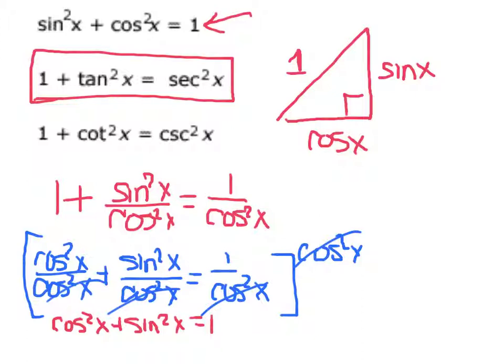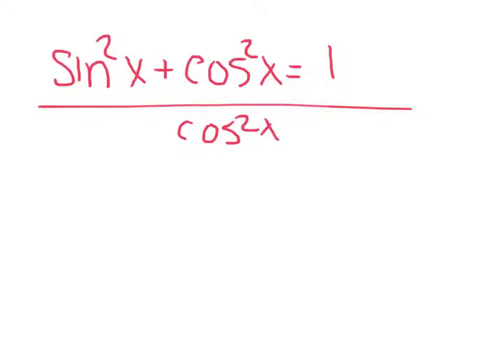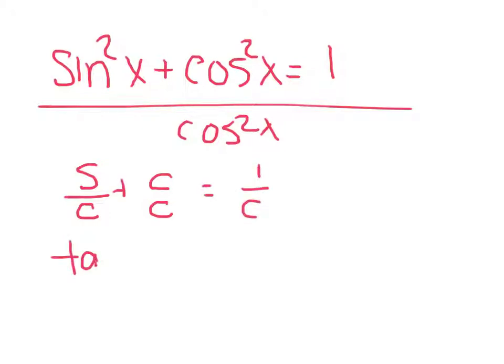If you were to only memorize the first Pythagorean identity, that sine squared x plus cosine squared x equals 1, and divide that whole thing by cosine squared x, you'd have sine over cosine, cosine over cosine, and 1 over cosine, which is going to result in sine over cosine is tangent, cosine over cosine is 1, and 1 over cosine is secant.